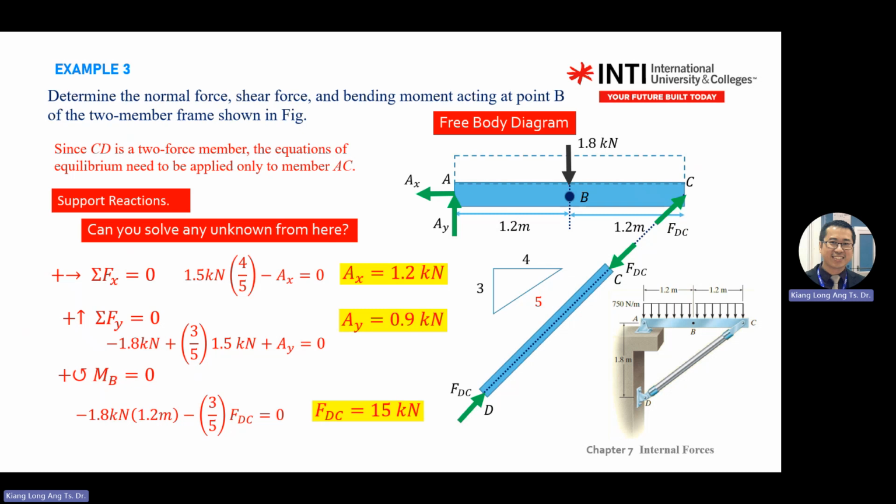Is something missing in my calculation? Okay, check. Okay. So let's try to solve this one. Yeah, we spend a minute just to prove this question. Sometimes in my slides, I put in the wrong value.